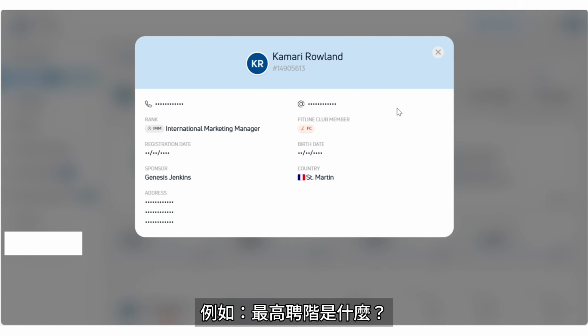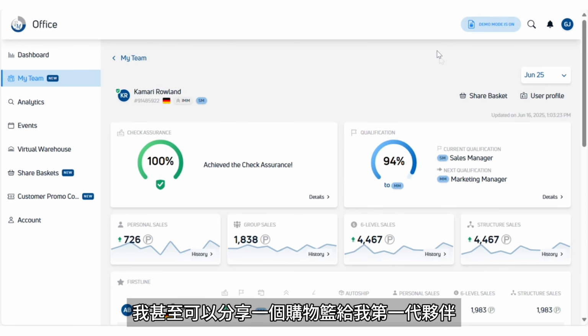So what was the highest rank, when this person registered, who is the sponsor, the address, is this person a Fitline Club member, the contact details, the birth date, and the country the person is coming from. And on top of it, clicking on that, I could even share a basket with my first line team partner.